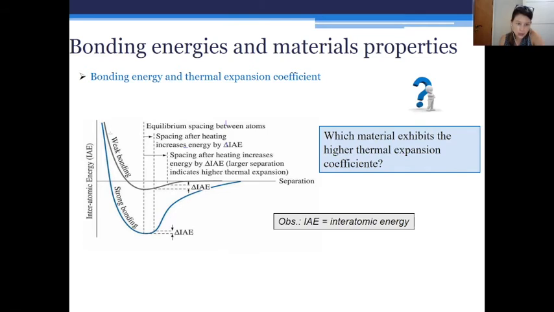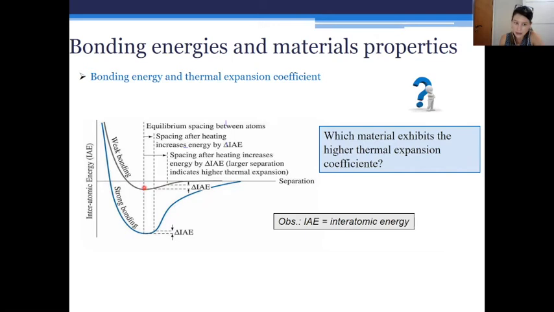I should consider, for each of these materials, the bonding energy. I will look at the increase of energy that will be given to this material, and how the interatomic distance evolves with this new energy.